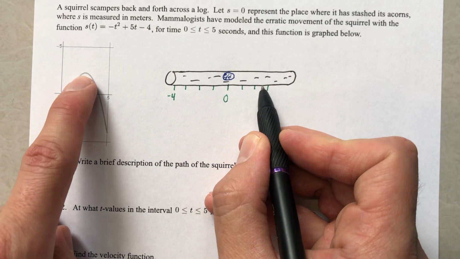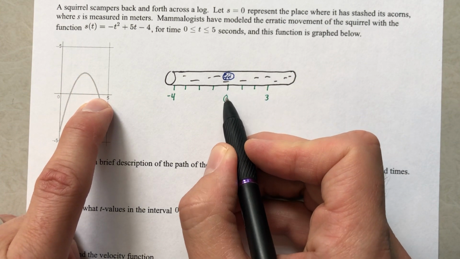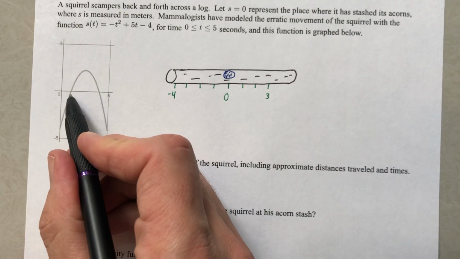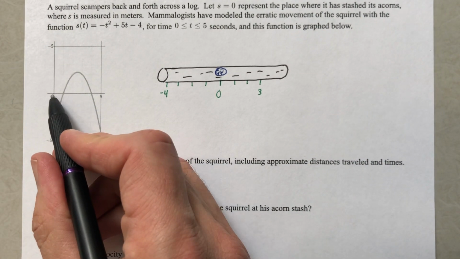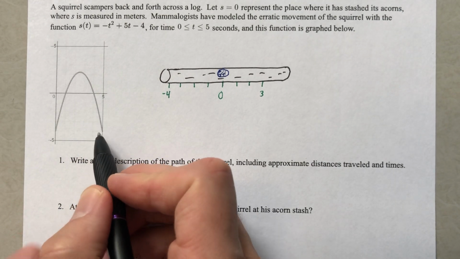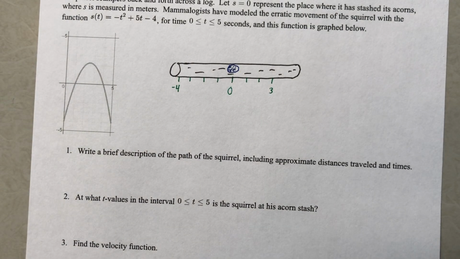And then he travels back, and he is back at his little stash of acorns at 4 seconds, 1, 2, 3, 4, with a position of 0, and then scampers back to the position of -4 for the last second. Okay? All right, let's let him drive the orange car.